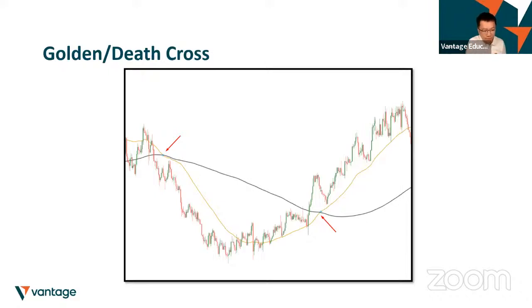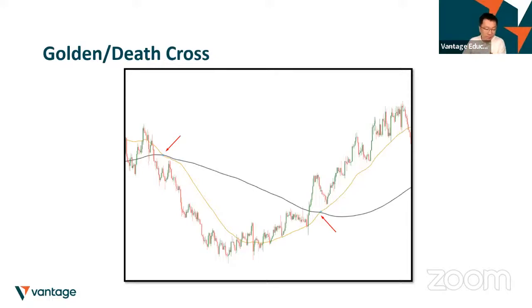But we don't just use one moving average alone. We use a combination of different moving averages. We use a combination of other indicators as well, just to supplement the view of the current moving average or the pairs of moving averages.